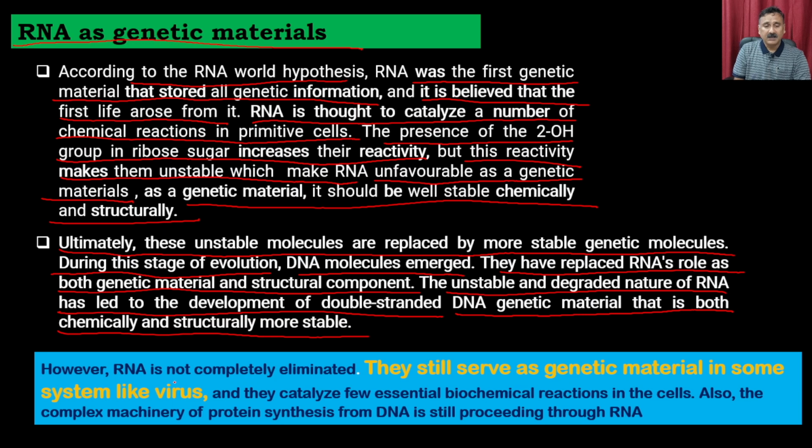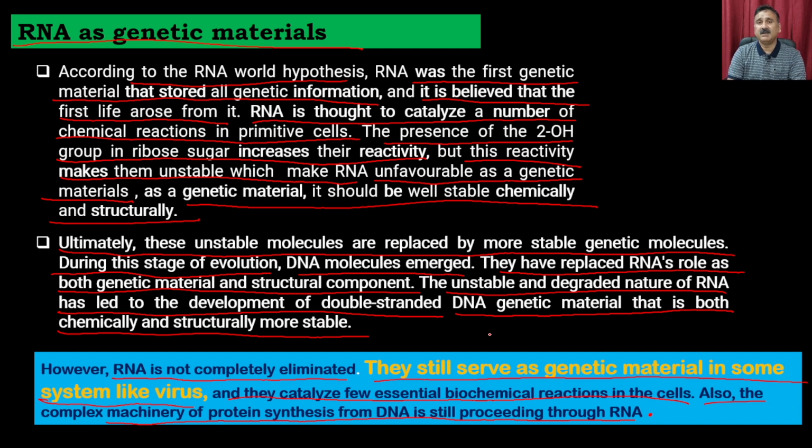However, RNA has not been completely eliminated. It still serves as a genetic material in some systems like the viruses, and it catalyzes a few essential biochemical reactions in the cell. Also, the complex machinery of protein synthesis from DNA still proceeds through RNA. Okay, so RNA is very important in relaying the information from the DNA, and that's why it has not been excluded from the picture of protein synthesis.